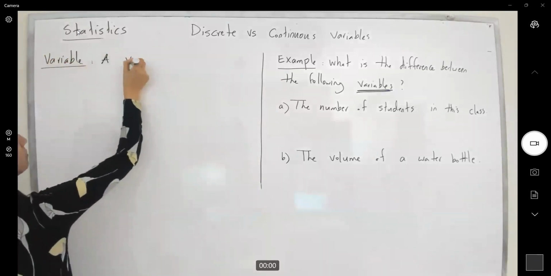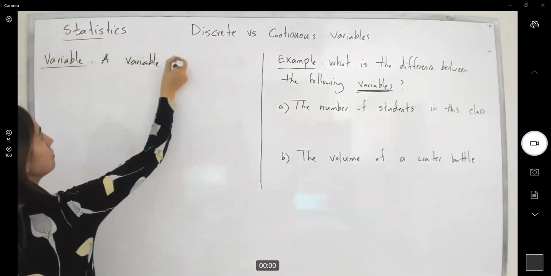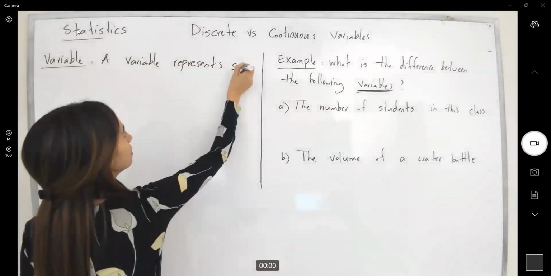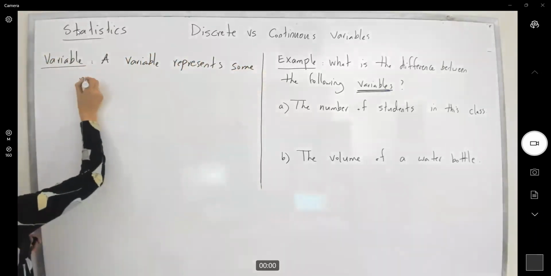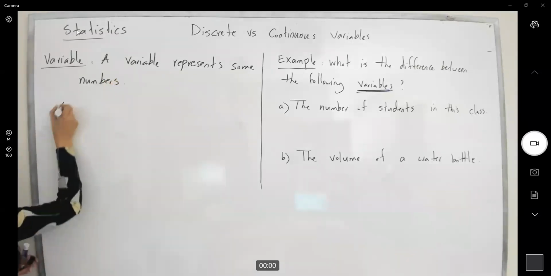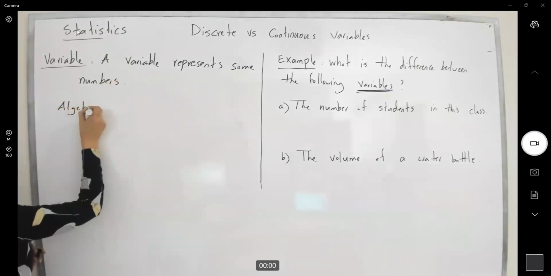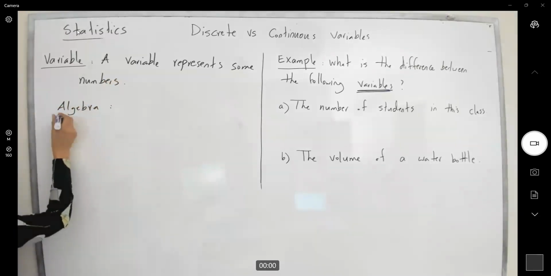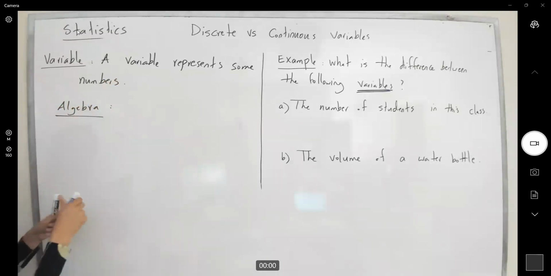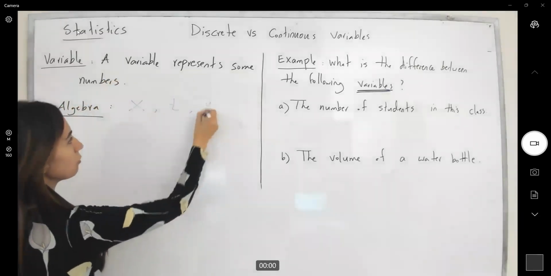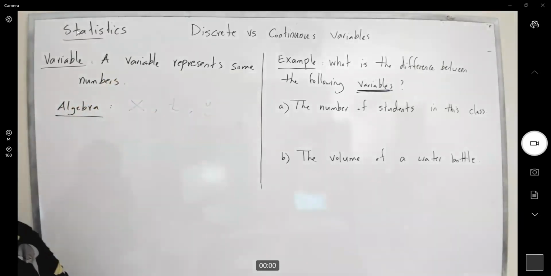Like in algebra, we had different types of variables: x, t, y.